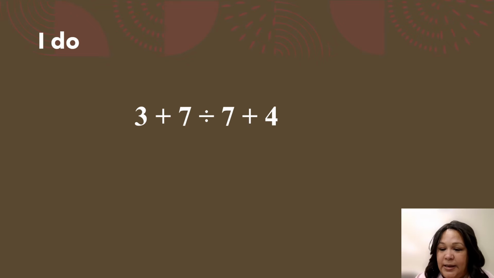Then next for our E, we should be looking for exponents. We don't see any of those. And then of course our M is multiplication. We don't see any of those. And our next one is division, so we are going to do that division first. 7 divided by 7, okay?